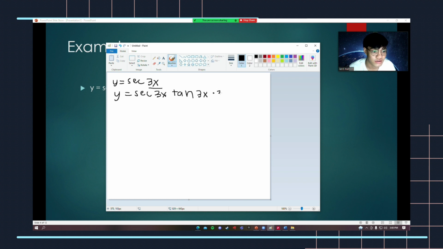So we just need to multiply it by secant 3x and tangent 3x. So we will have y prime equals 3 secant 3x tangent 3x. This will be our final answer for this example.